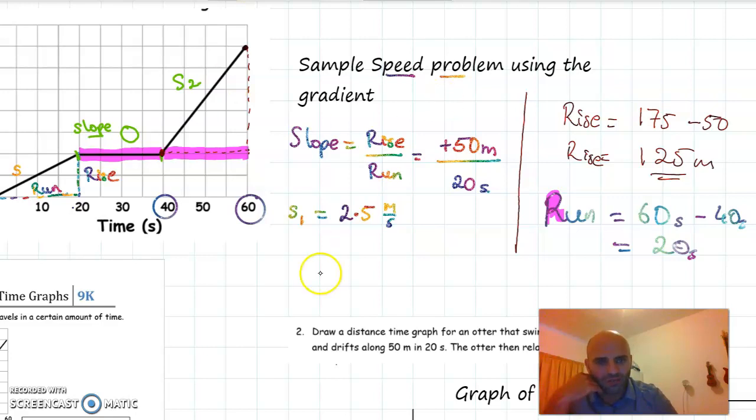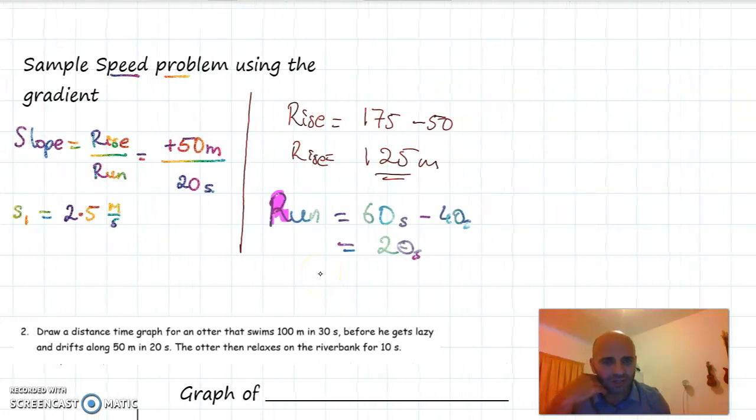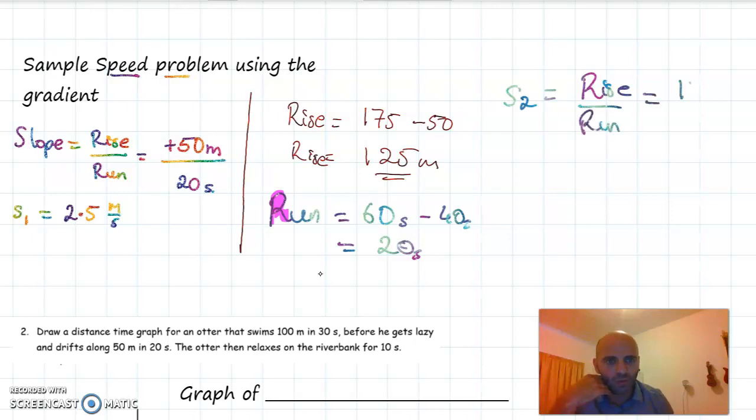Okay, so I've got my rise and I've got my run. I'm ready to calculate my speed now. So speed number 2 is going to be the rise over the run. That will be 125 meters, that's the rise, and the run is 20 seconds.